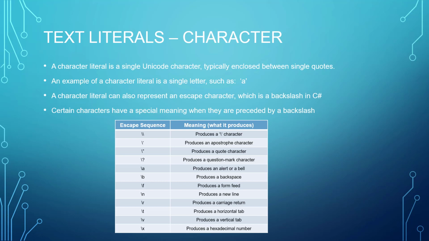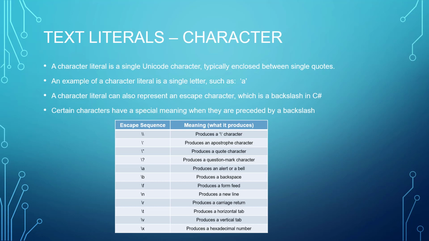Well, you couldn't just put a single backslash inside of a string. You would have to put a backslash, which is an escape character, followed by another backslash, and then that would produce the backslash character. A backslash apostrophe would actually print an apostrophe, because you couldn't just use an apostrophe, because then it would treat it as a character, right? But you could escape the apostrophe by using the backslash.